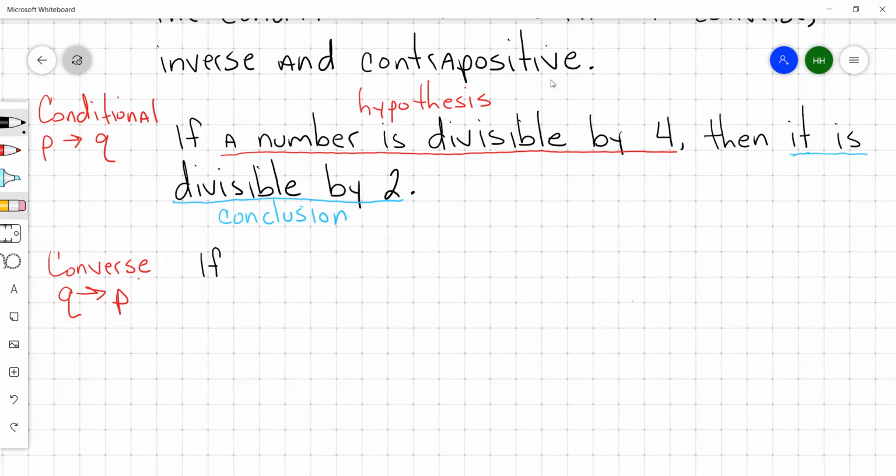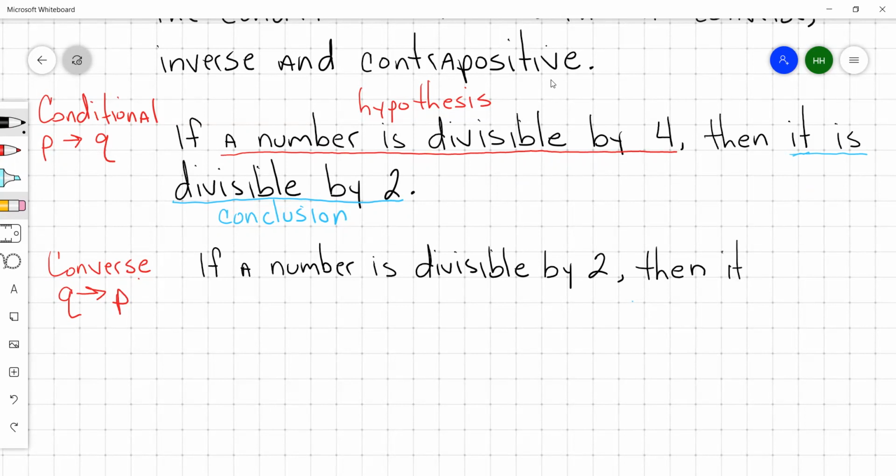So we're going to say if a number is divisible by 2, then it is divisible by 4.